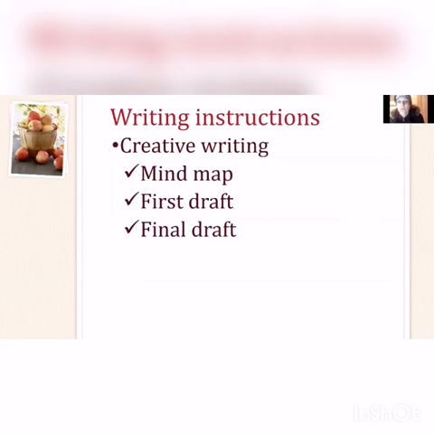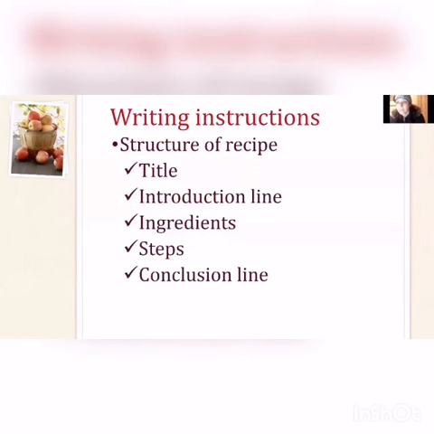So now the first draft is going to look exactly like how you want your creative writing to look. And then you're going to read through everything, see if there's anything you need to change, and then we write our perfect final draft. Right, so today we're going to do a recipe.